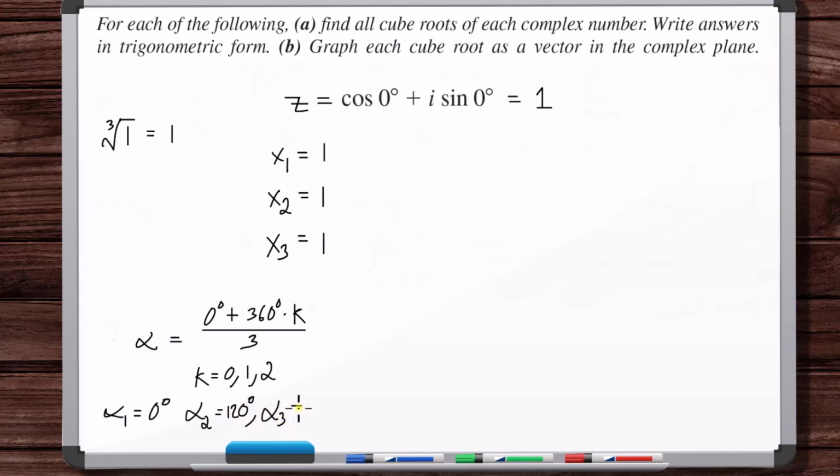Okay, alpha 3 is, so 360 times 2 is 720, and then 720 divided by 3 is 260. Or no, is that right? No, it's 3 times 4. Yeah, 3 times 4 is 12, so it's 240.